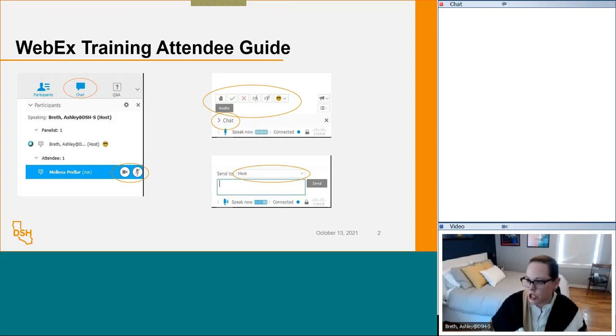Before we get into the agenda, I just wanted to go over some of the technical items again with you all. Just like last time, on the far right-hand side of your computer screen, you can open up different panels. One is a participant panel, which will show you all of the panelist names and then all of the attendee names.